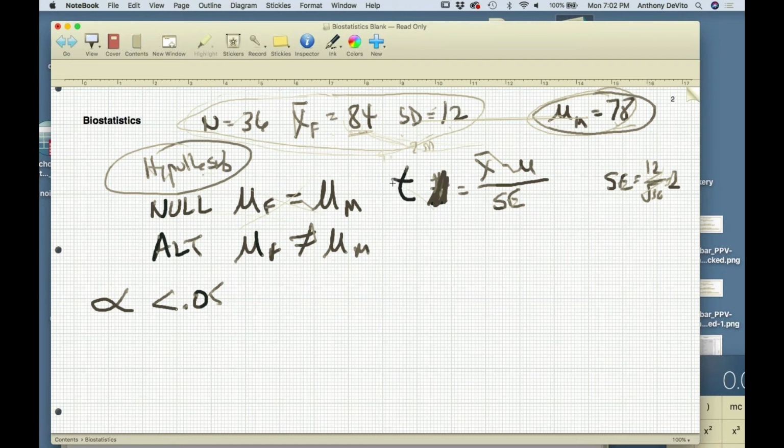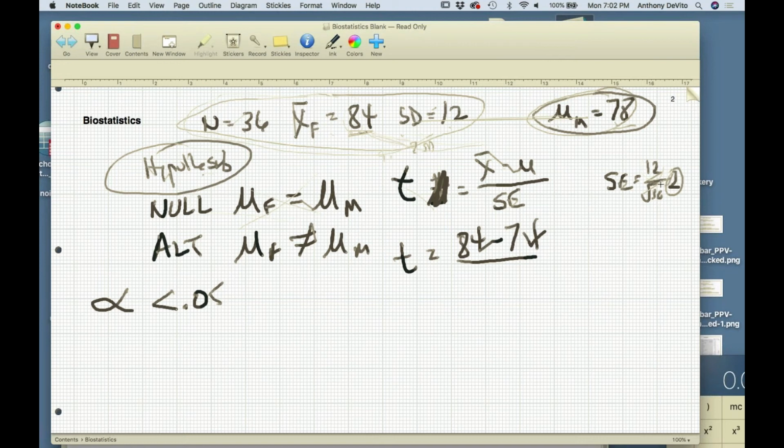So I need to find the t-score, the number of t-scores apart that these two are. t is equal to x bar, which is 84, minus mu, which is 78 for the male population, over the standard error, which is equal to, well, it's not 2, is it?